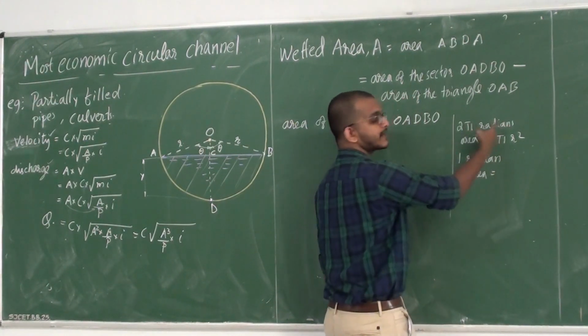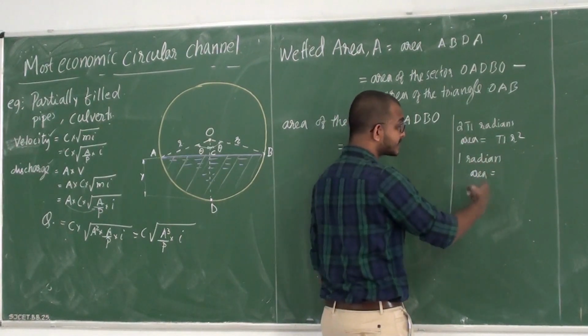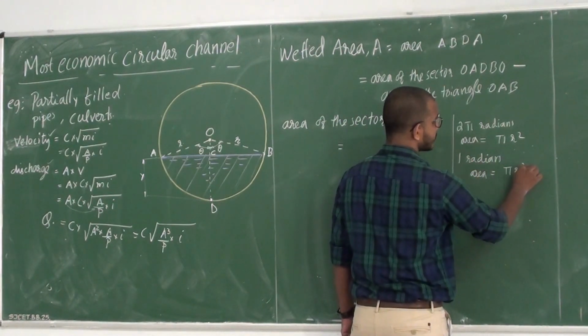So for 1 radian, area is equal to pi r square by 2 pi.